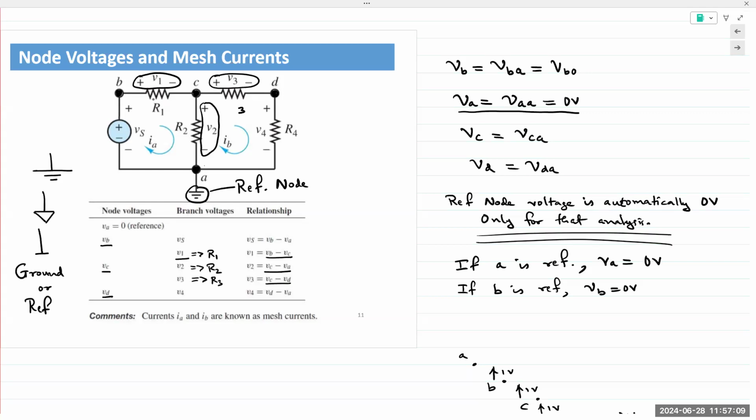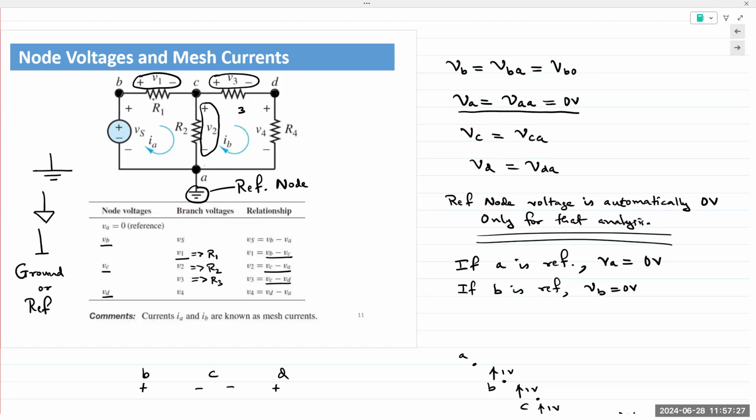So if I understand your question correctly, you're asking what if you had B, you have C, and you have D, right? Right now, this is plus, this is minus. And if, let's say, this was flipped like this, right?